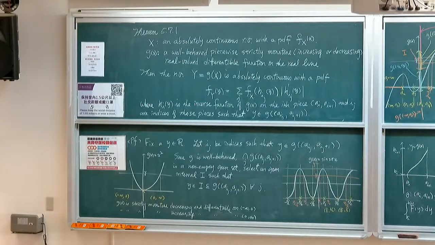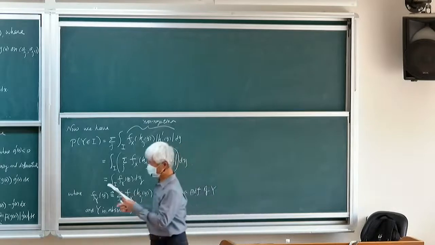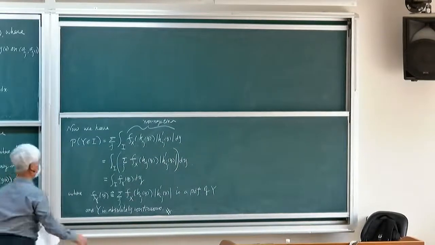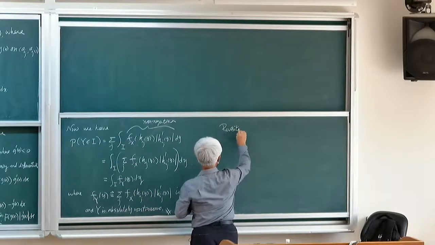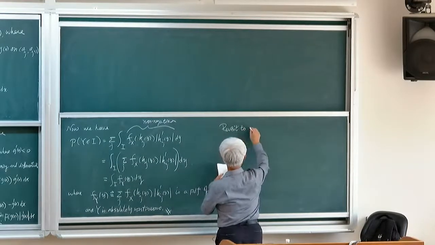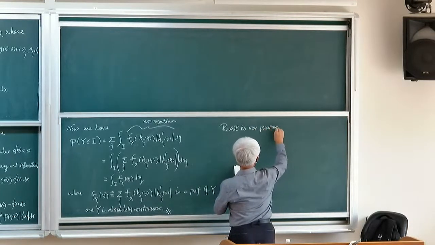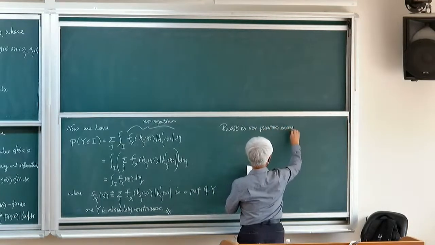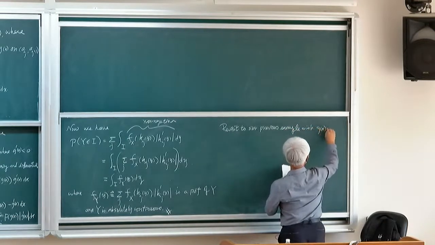All right, so we can go back to our application. Now we use this theorem to apply to the example, so revisit our previous example with g of x equal to x squared.